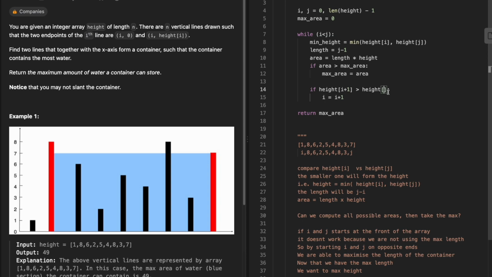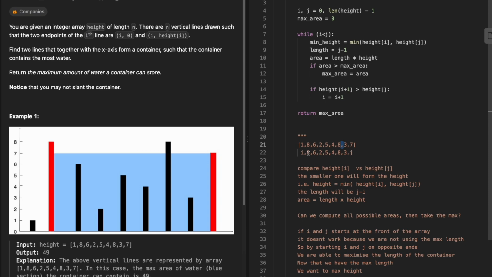So initially, if we start off with 1 and 7, right? Essentially, even if we decrease j to 3, the total area would still increase, so the algorithm wouldn't work. But the question now is, how would I know to increment i rather than decrement j? Is that through the resulting area?